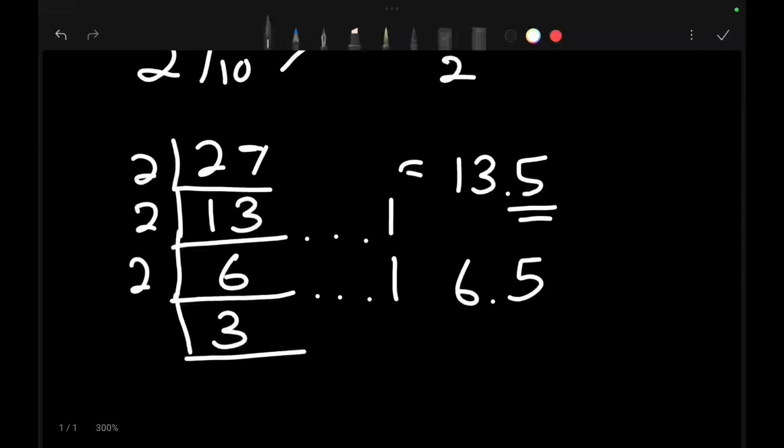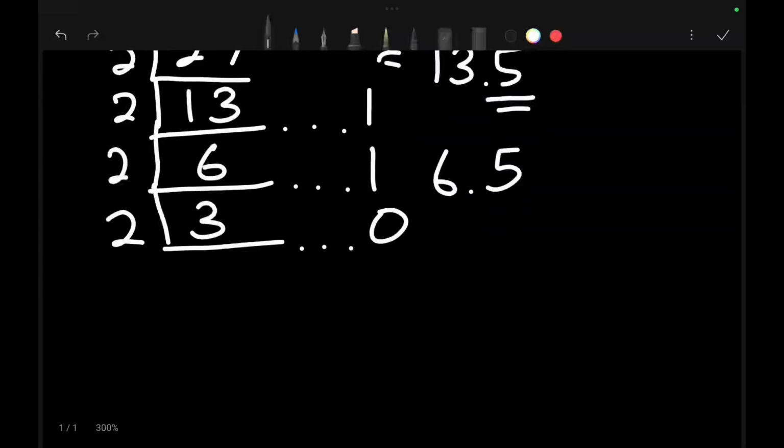We get 3 after dividing, which is perfectly 3, with no remainder, so we write it as 0. If there's no remainder, you just write it as 0. Now continue the process. 3 divided by 2 is 1.5. So there's a remainder, so just write it as 1.